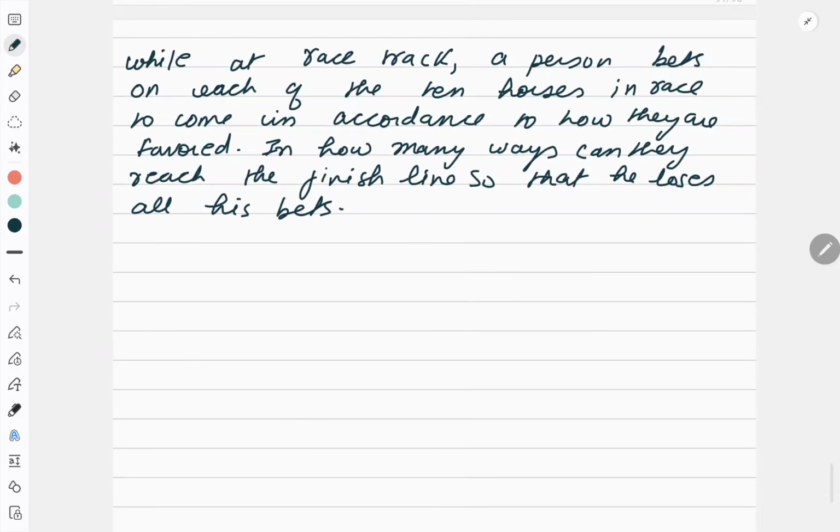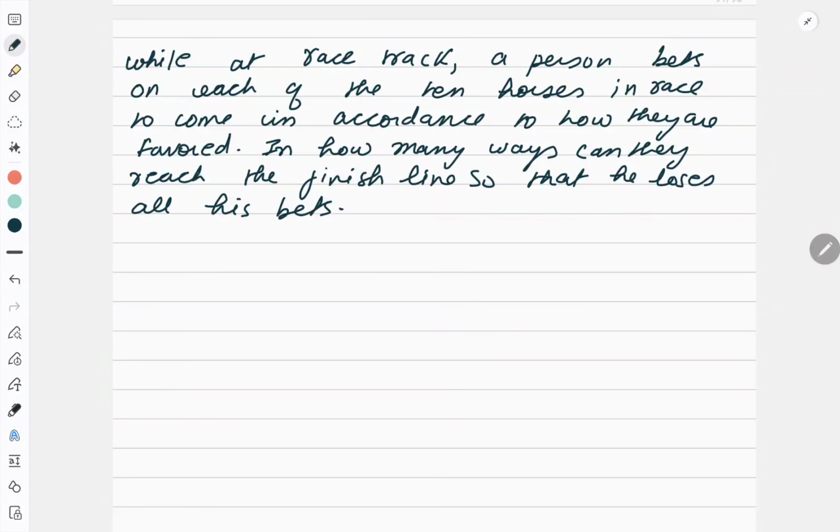Now look at the first question. At a racetrack, a person bets on each of the 10 horses in a race to come in according to how they are favored. Maybe there is a race going on and they have numbered the horses. Usually they will get this type of position.